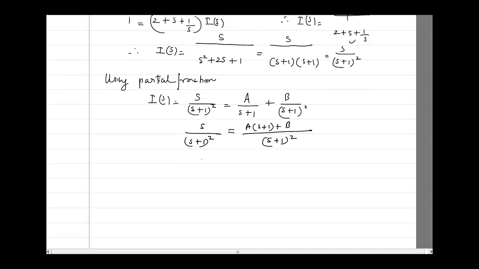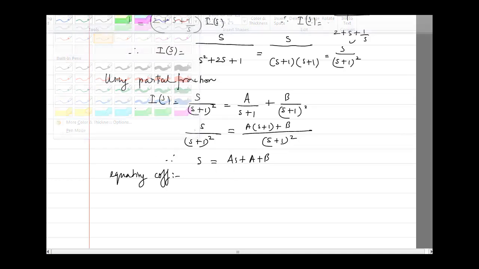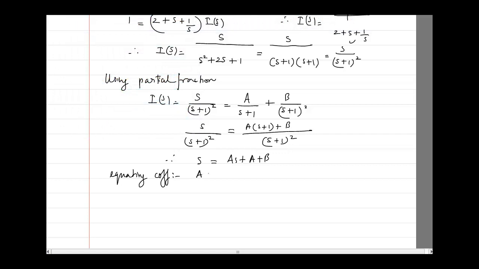Therefore the denominators will cancel off, and I will get S is equal to AS plus A plus B, from which, equating coefficients, the coefficient of S is 1 here and it is A. So A is equal to 1, and A plus B is equal to 0, because there is no constant term on this side.